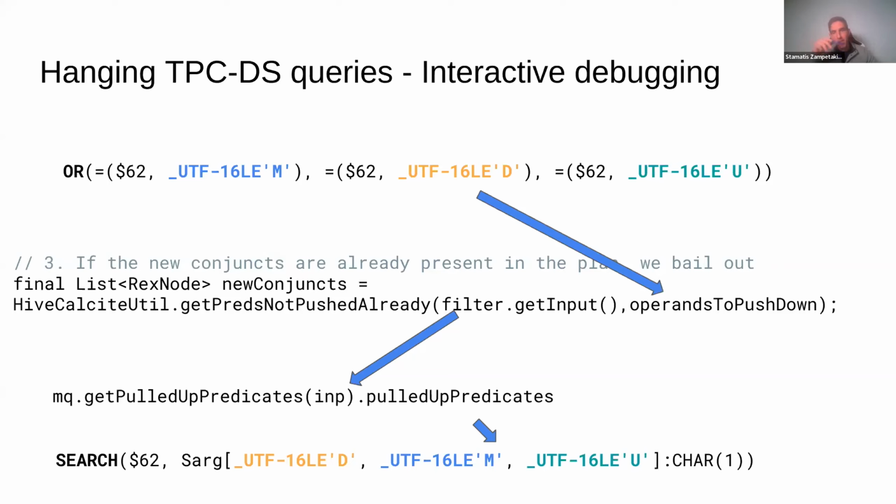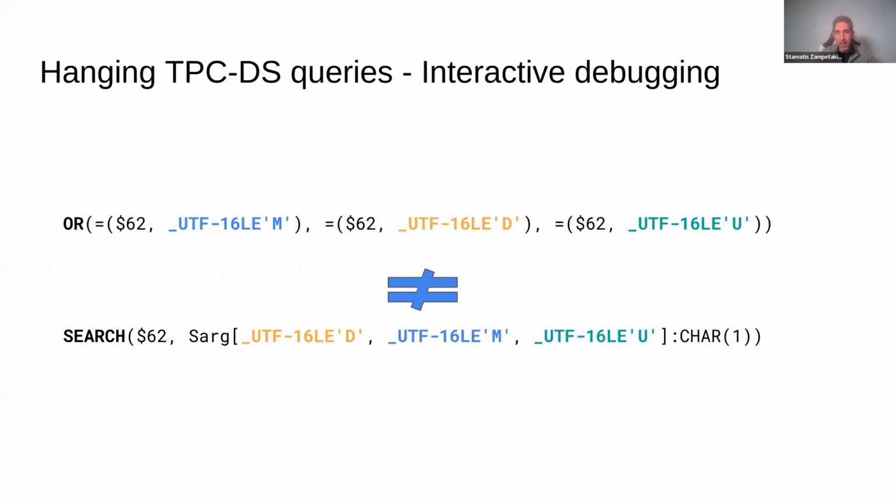After a bit of debugging, I found out that it never actually returns an OR. It will return a search operator, which is equivalent, but the rule does not even do equals. It does some kind of string matching. So you check the string of the OR and the search, and you see that they don't match. You say, okay, cool, I don't have the OR, so I will push it.